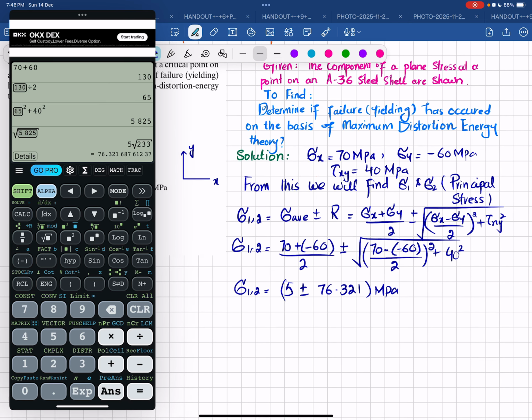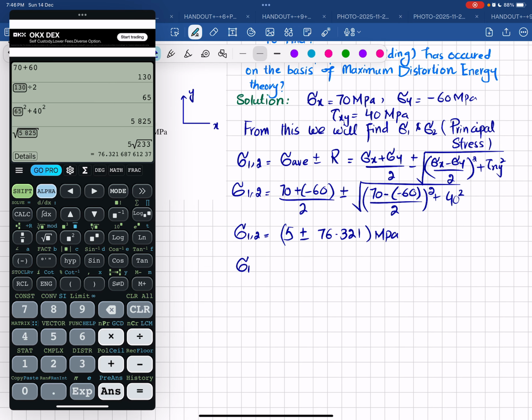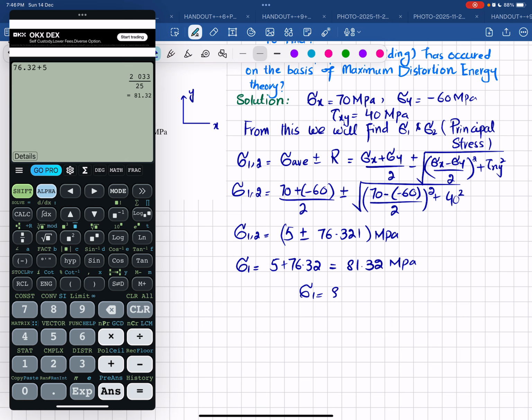Now if I want to find sigma 1, sigma 1 will be equal to 5 plus 76.32, and that will be equal to 81.32 megapascal. So I can write sigma 1 is 81.32 megapascal.